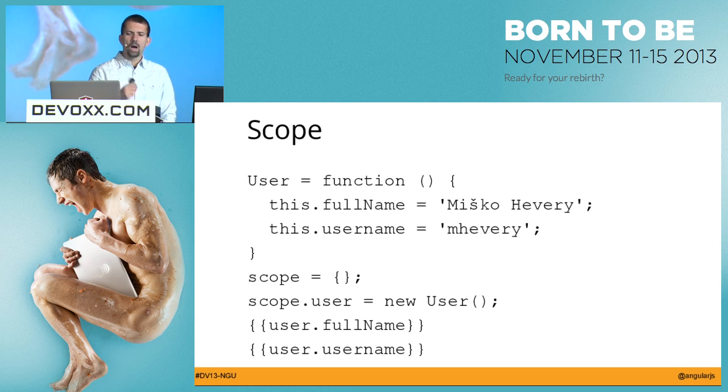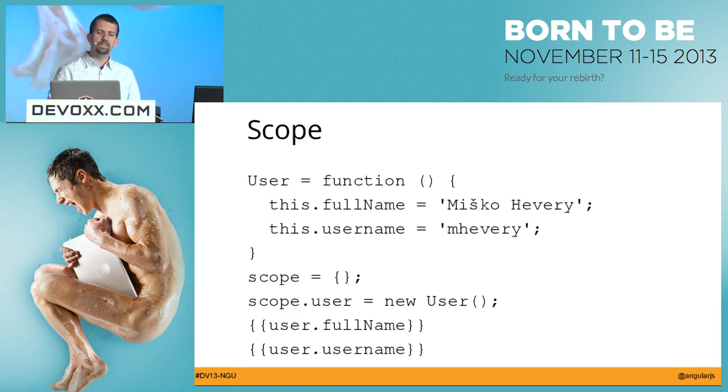Now, how might this look? Let's say we have a user. User is a class. This is how you declare classes or types in JavaScript. We might have properties on it like full name and username, and one of the things we would like to do is data bind to it, as you can see on the bottom: user.fullname and user.username in double curlies.